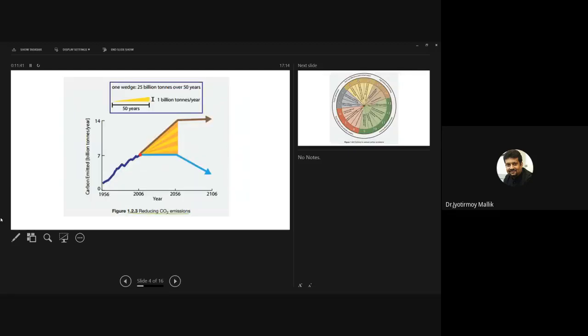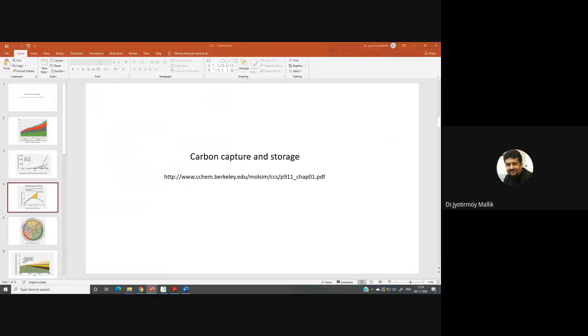So one of the major targets for many different governments around the world, and hence these famous protocols have been signed. Can you name a few of the protocols which have been signed in terms of environmental protection? Do you know some of the names, students? They are very famous.